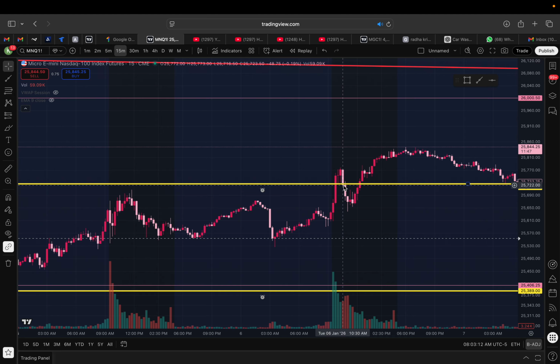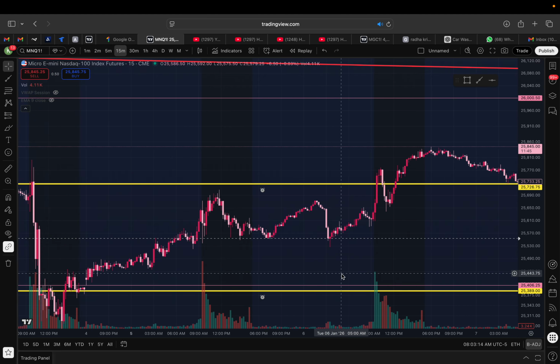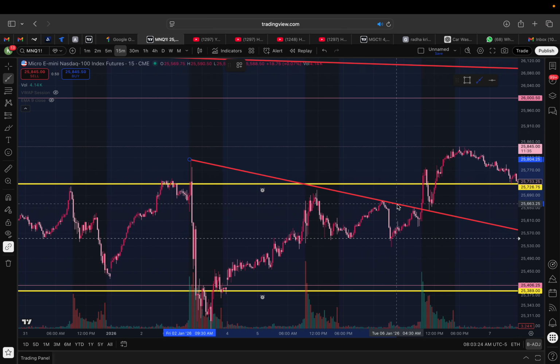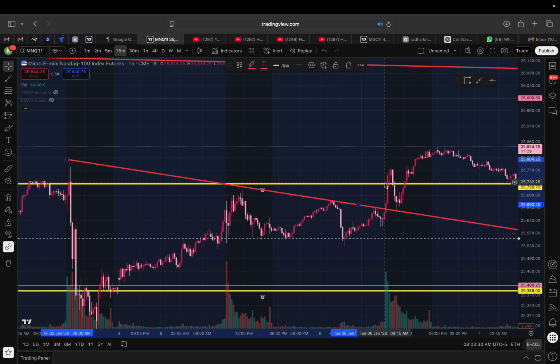So it says 2 touch point break. So from here to here I would have drawn a trend line at that time, right? And then it broke.